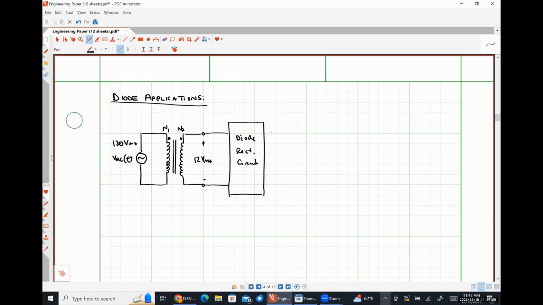The output of our diode rectifier circuit would be fed into a filter.